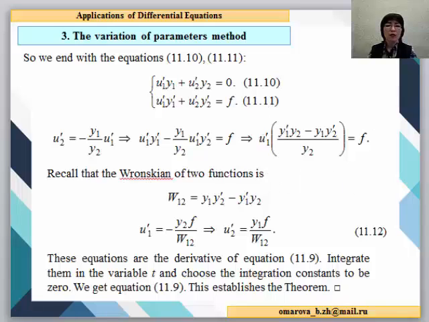We next recall the Wronskian of the two functions in the following form. Then we get the equation 11.12. These equations are the derivatives of the functions 11.9. Integrate them in the variable t and choose the integration constant to be 0. We get equation 11.9. This establishes the fourth theorem.